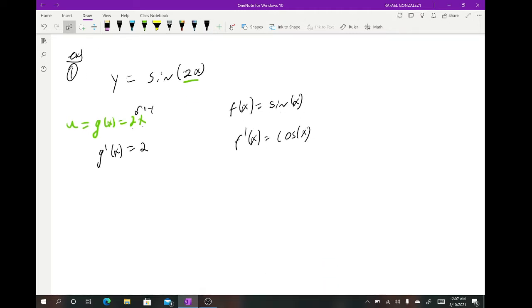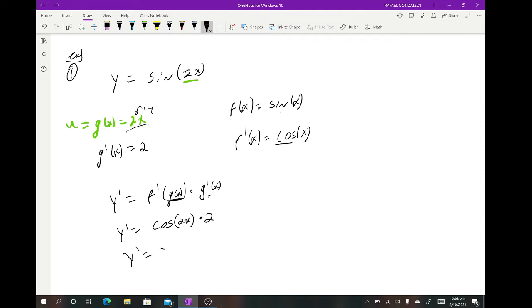Alright, so when we do this composition, when we take the derivative of y, we know that it's going to be f prime evaluated at g of x times g prime of x. So that means that this is going to be equal to f prime, which is cosine, evaluated at g of x, which is 2x, times g prime, which is 2.